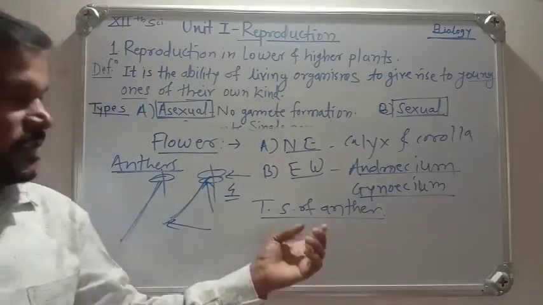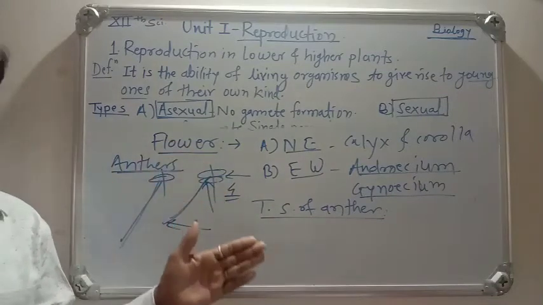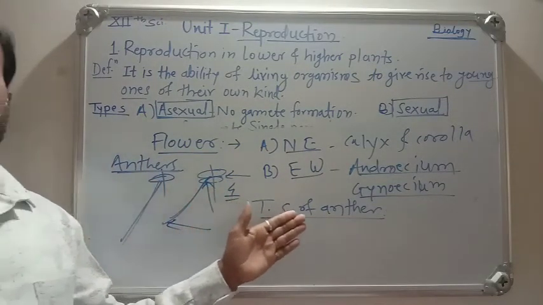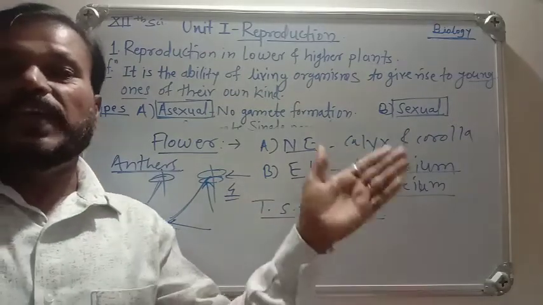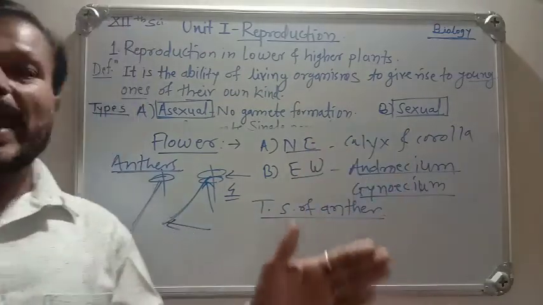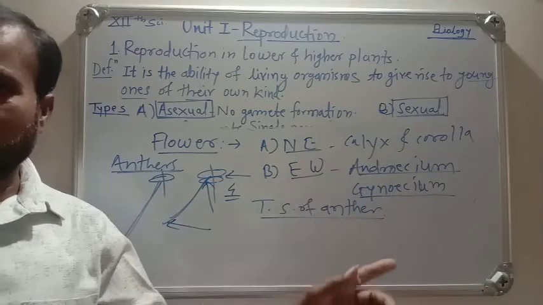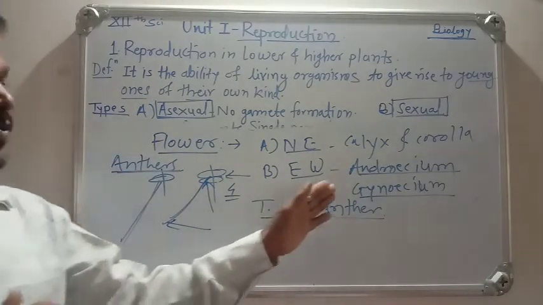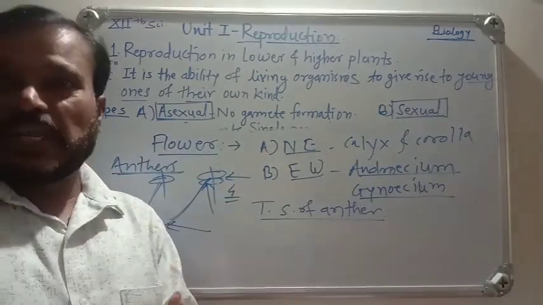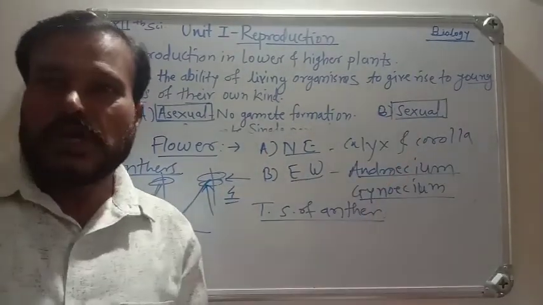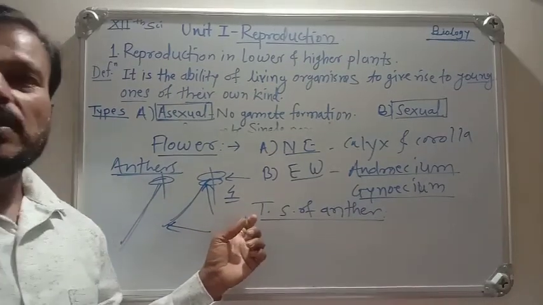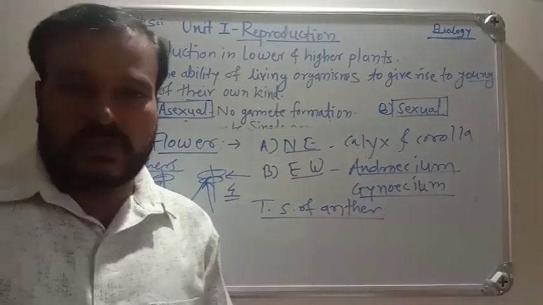At that time we will discuss the TS of anther, then the structure of spores and the process of microsporogenesis, then the structure of gynoecium, that is the carpel, anatropous ovule and megasporogenesis, and after that fertilization in sexual reproduction. We'll stop here. Next time we'll continue with the TS of anther. Thank you.